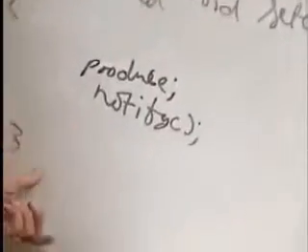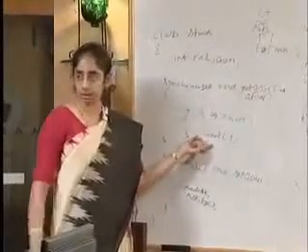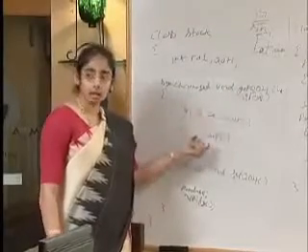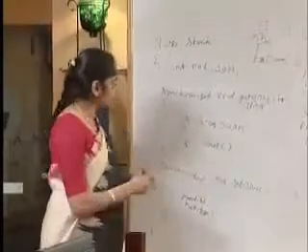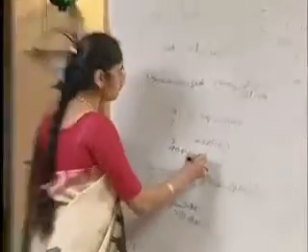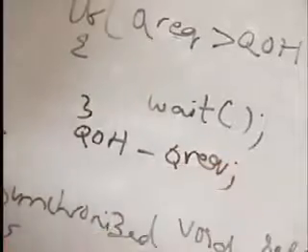Once it releases the lock and comes out, this consumer thread which was in a waiting pool, which has been brought back into a running state via notify, gets the lock again to get the quantity on hand. So quantity on hand minus quantity required.